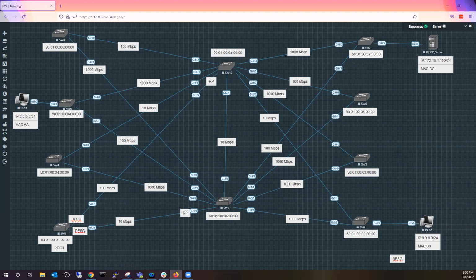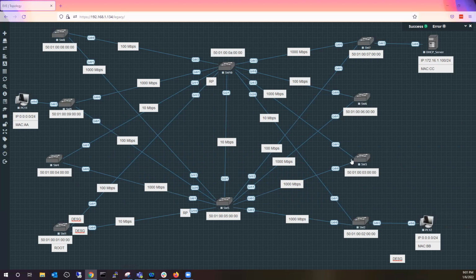All right. So if you add the link between the designated port to the root port going from switch 1 to switch 5, that is 100, 10 megabits. And then you add the link going to switch 10, that's 10.